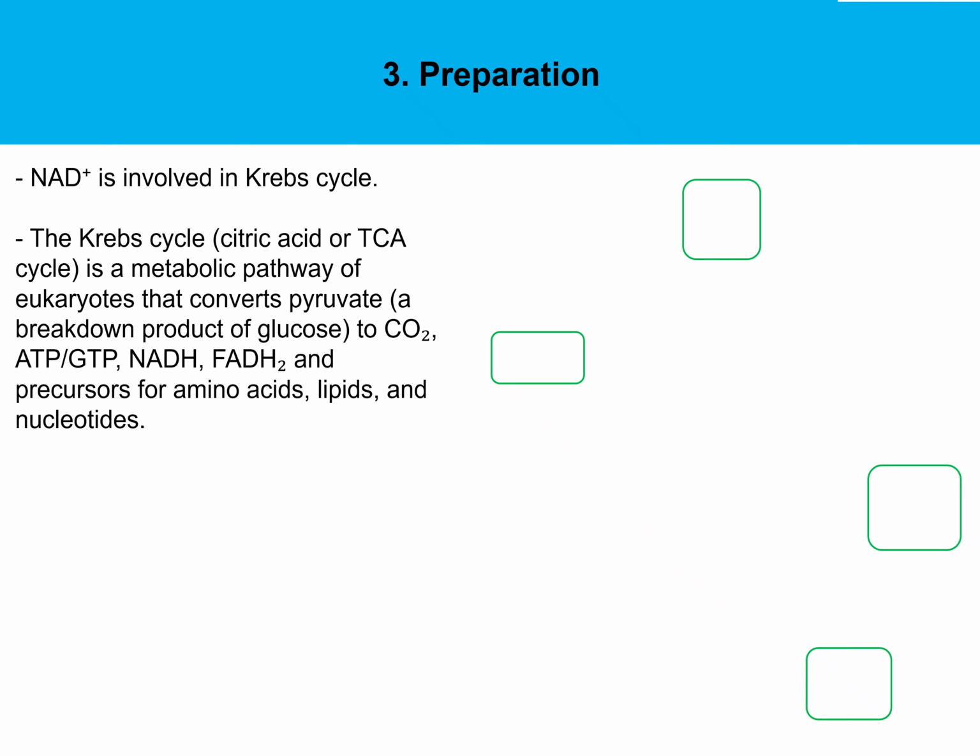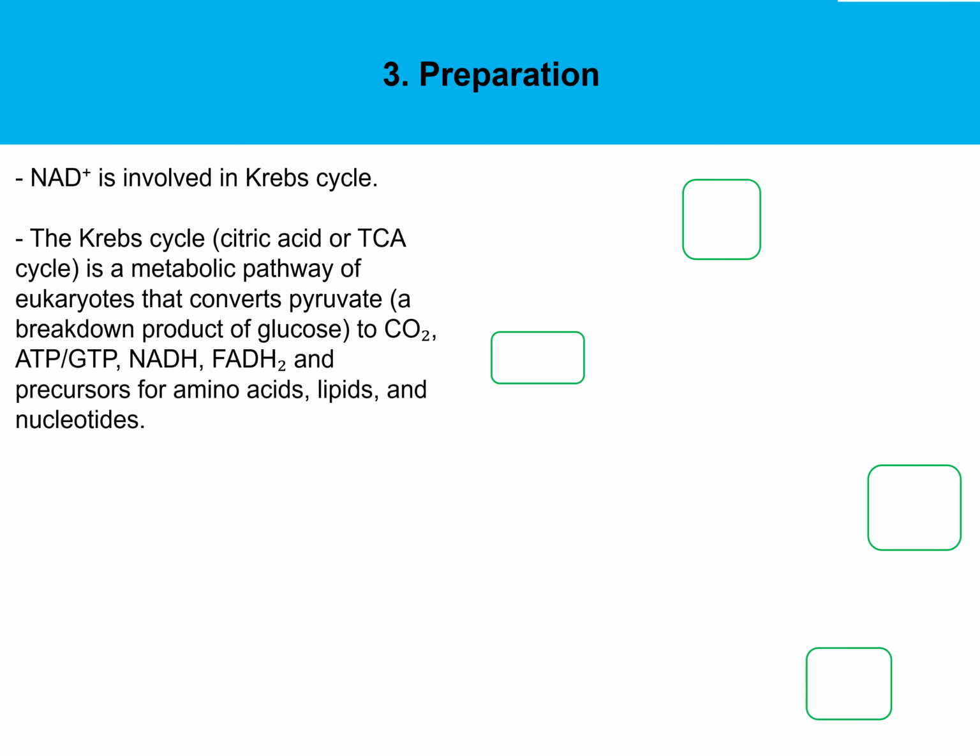The Krebs cycle or the citric acid cycle is a very important metabolism pathway in eukaryotic cells that converts pyruvate into CO2, ATP, NADH, amino acids, lipids, and nucleotides, among other molecules. Pyruvate is in itself a breakdown product of glucose.